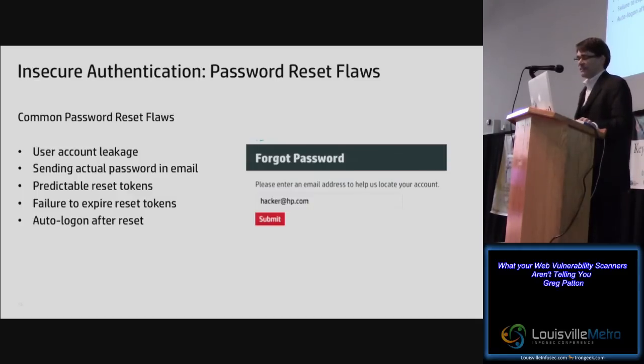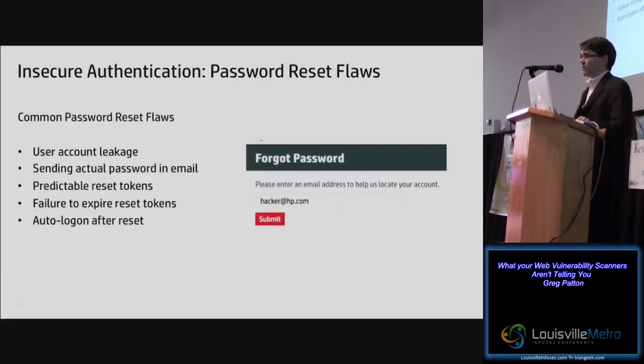Other items we see related to password reset flaws are predictable reset tokens. Oftentimes, as you're resetting your password, the site might email you a token or a URL that contains a token where you go to reset your password. My token might be 123. The next time someone clicks the password reset, it's 124, and then 125.